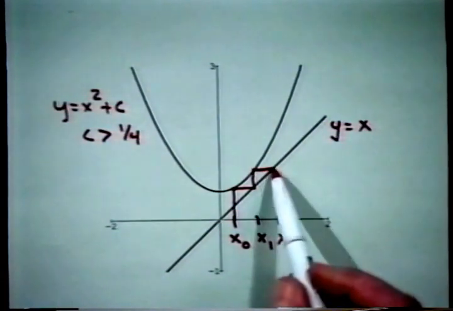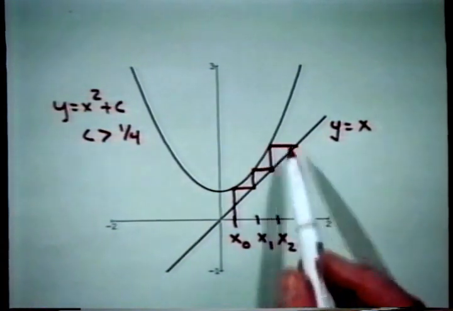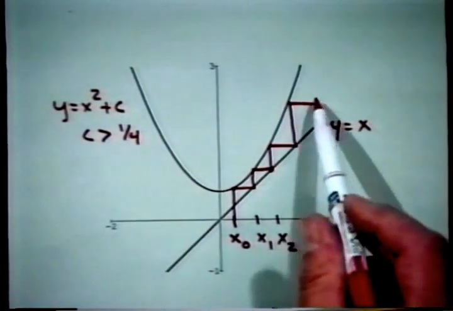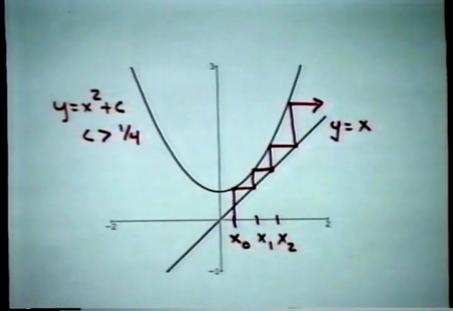To get the next point on the orbit, I go vertically to the graph and horizontally to the diagonal, and then again, go vertically to the graph and horizontally to the diagonal. What you see quite clearly is that for c values that are larger than 1/4, the orbit of any x naught goes off to infinity. That's something we saw quite clearly in the computer experiments a moment ago.